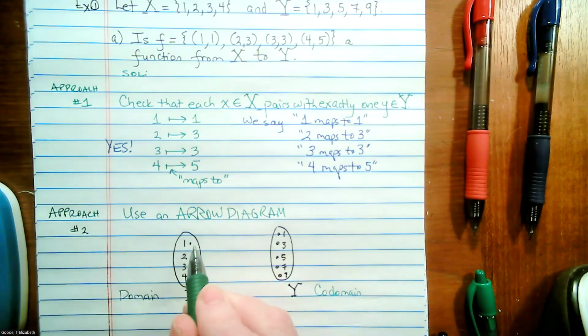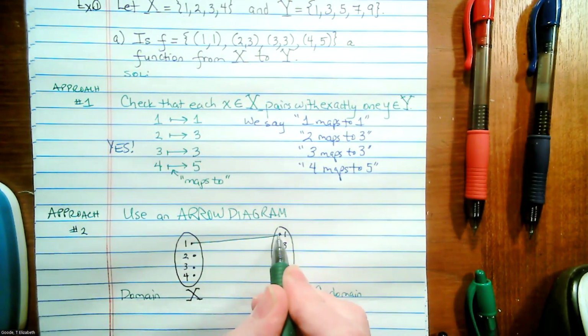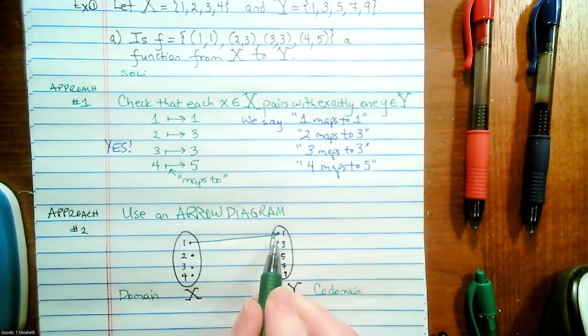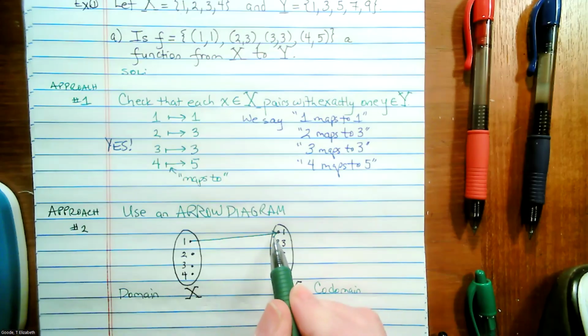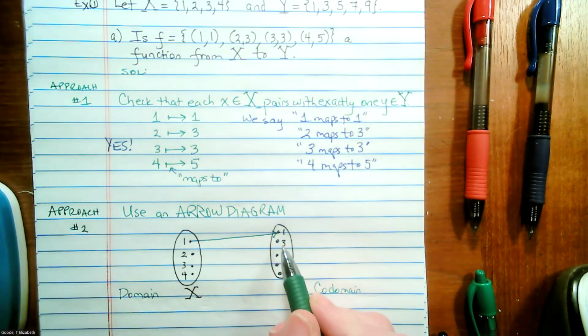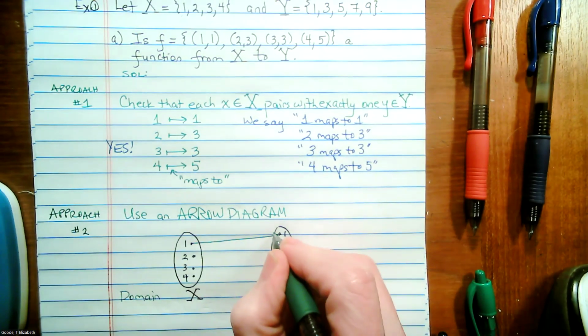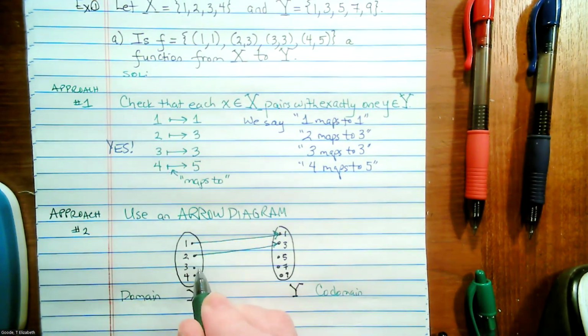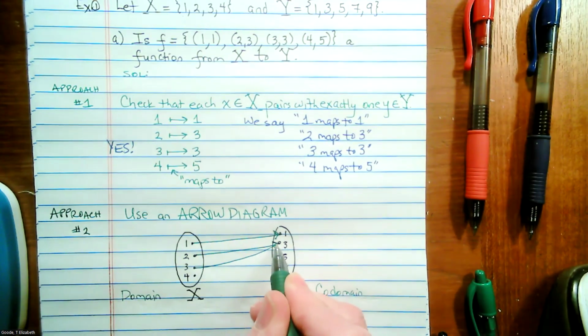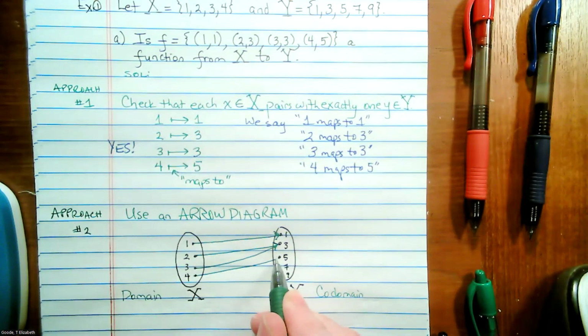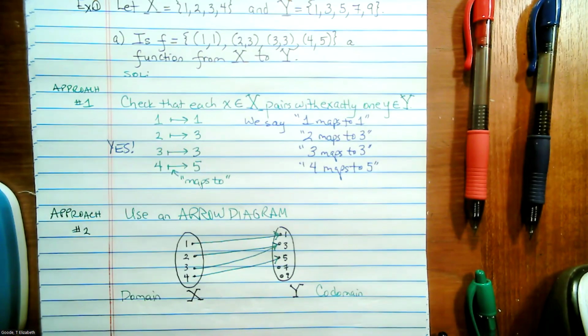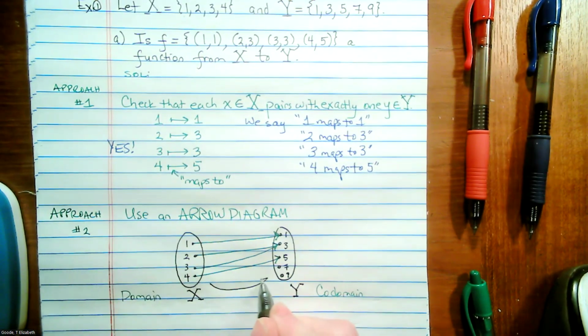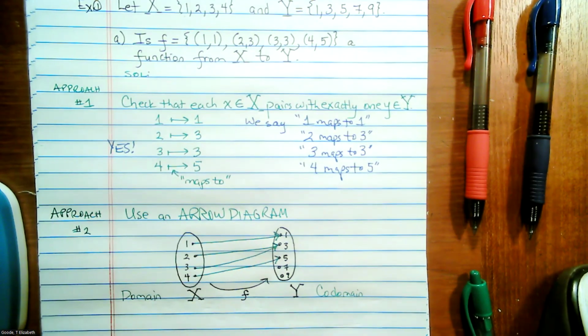So here we go. 1 maps to 1, so we just draw an arrow from 1 to 1. Make sure that your arrow actually has a head on it, because we need to point toward the element of the codomain. 2 maps to 3. 3 also maps to 3. 4 maps to 5. This is the arrow diagram for the function f.